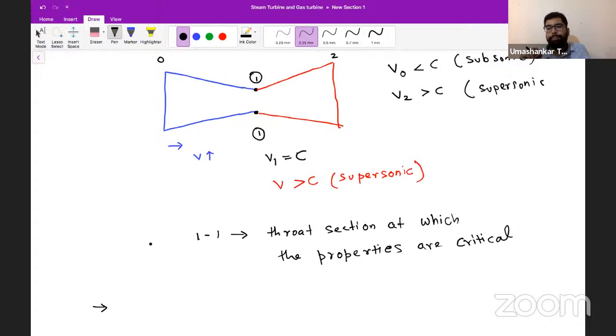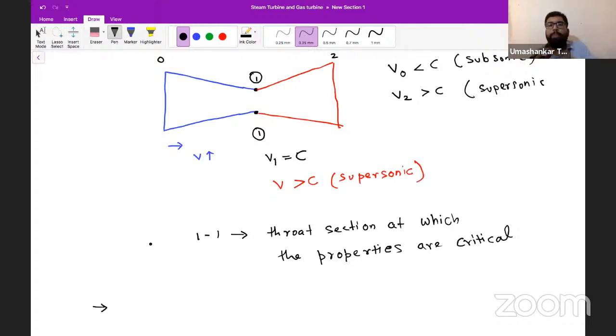That is true, because we have reached the throat section, we have reached the choked flow, we have reached the point where critical conditions are there. If you want to further increase the velocity, you can't converge it any further; you will have to diverge it. When you diverge it, the velocity goes on increasing again, into the supersonic condition.